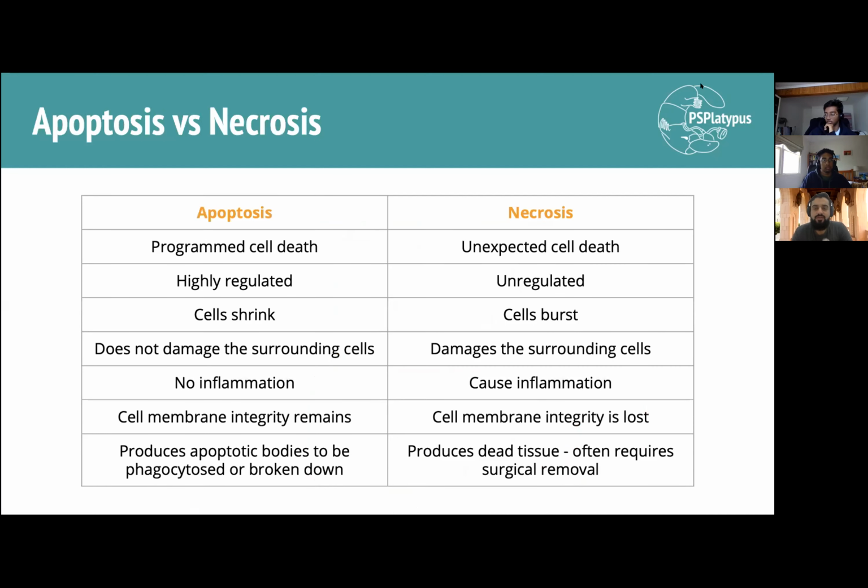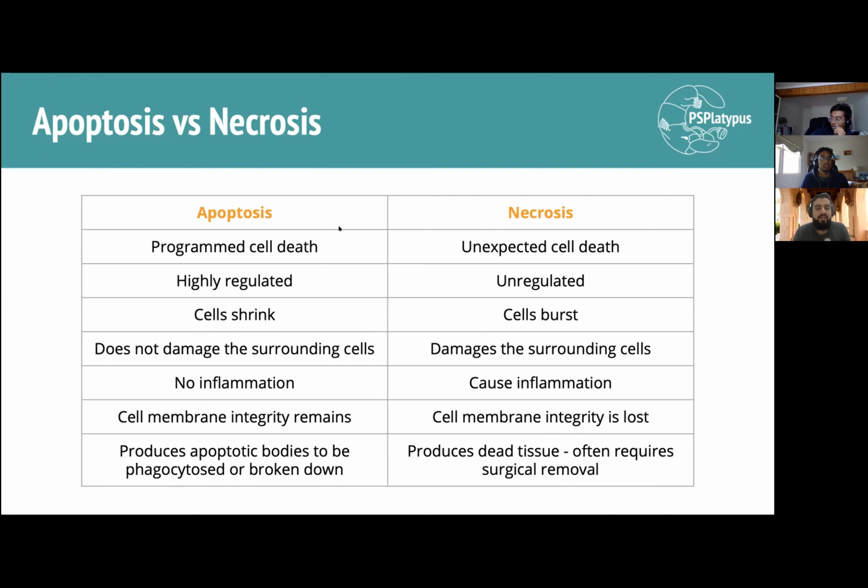So we had also this comparison from week 1, the differences between apoptosis and necrosis. Apoptosis is the regulated normal pathway. However, necrosis is a result of abnormal or unexpected cell death.